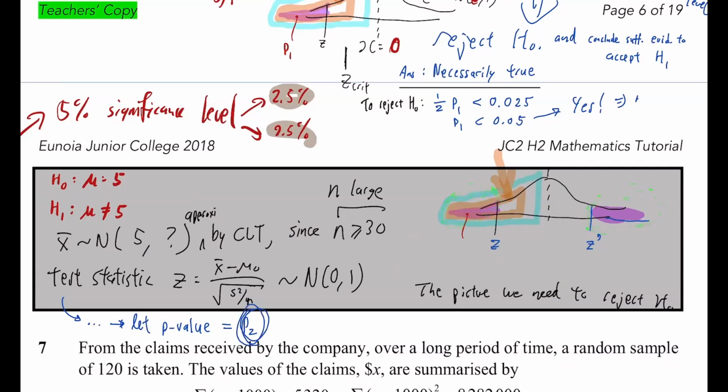So this area here was previously P1, right? But by symmetry, the other side will also be P1. Then we can conclude that P2 is equal to P1 plus P1, which is 2P1. Is that okay? Good.